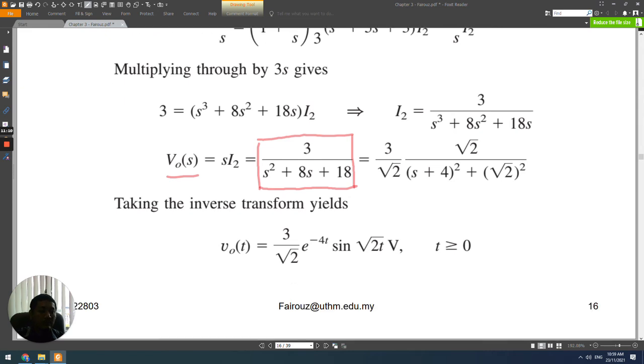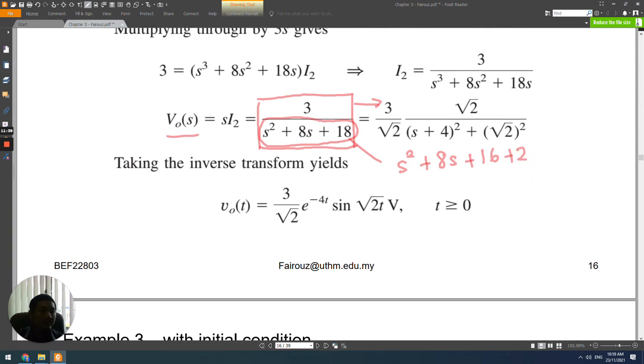To rearrange this, if we look here, this is actually S squared plus 8S plus 16 plus 2, and you can change this to (S plus 4) squared plus 2.